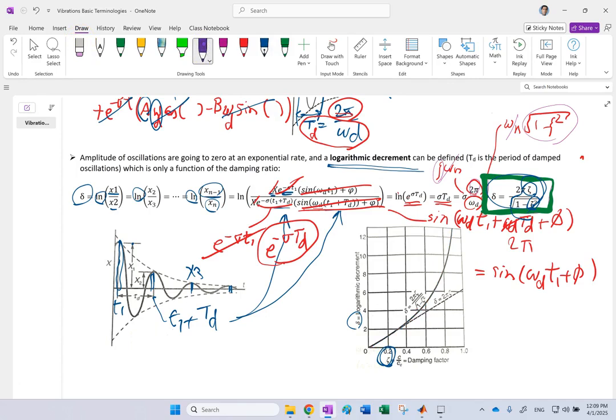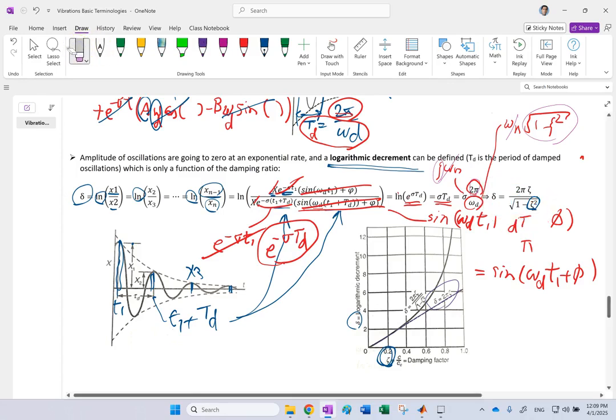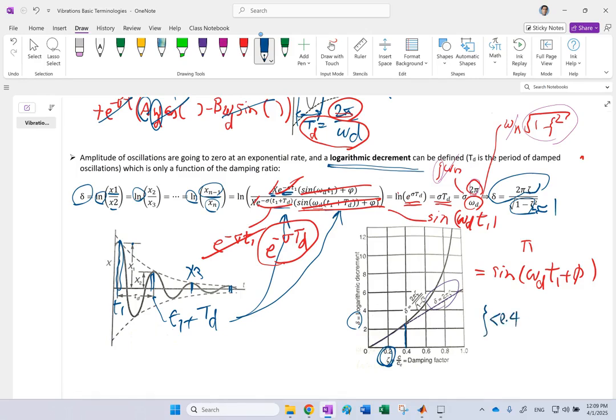What line? The line of delta equal 2 pi zeta, basically just the numerator part of it. You can approximate it only by the numerator part because zeta is very small, zeta squared is very small, so this guy can be approximated by 1 if and only if zeta is, let's say, less than 0.4 or something. So when zeta is less than 0.4, you can approximate delta linearly with 2 pi zeta.